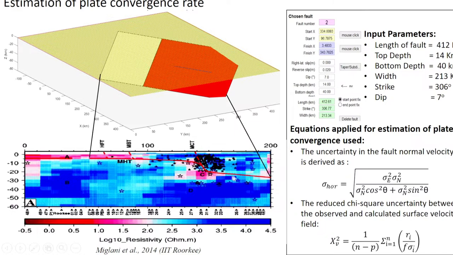And this place is active, but aseismic activity is going on, meaning no earthquake is occurring. You can clearly see there is movement, but there are no earthquake occurrences. So this comes under the ductile condition. This is the down dip of the MHT, and this is the up dip of the MHT.